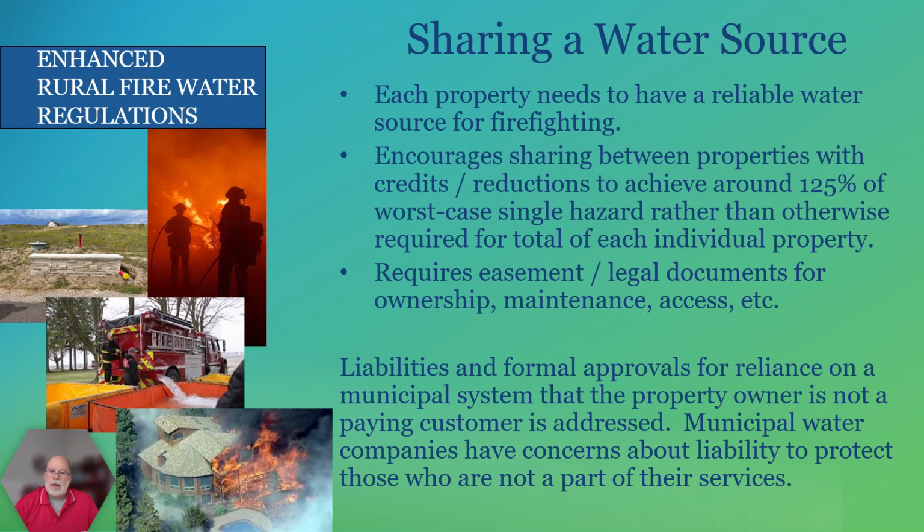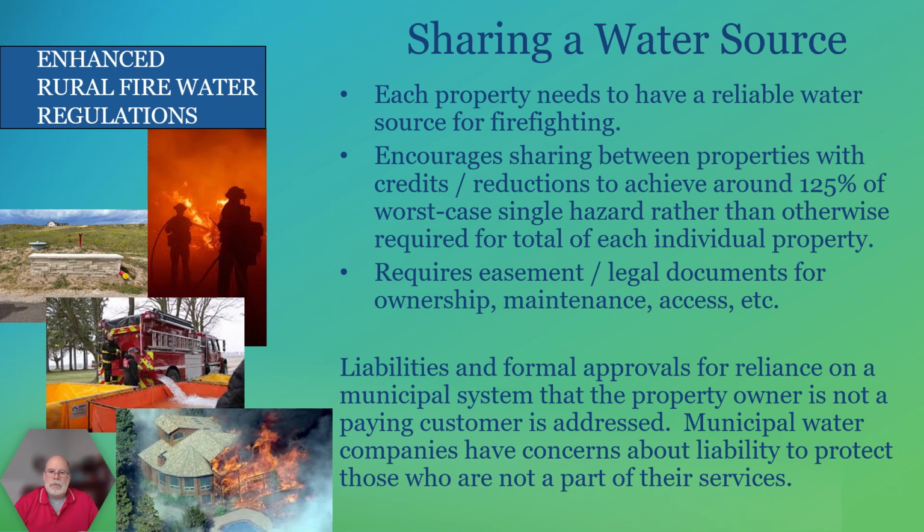So if you're going to rely on a municipal water source or somebody else's water source, maybe it's somebody else's cistern that's down the road and you don't have it piped, again, who's going to maintain that? What's the liability of doing that? So there needs to be legal documents that address that, give the property owner approval and access to that water, and address who's liable for it, who's ensuring you have access to it, who's going to maintain it and do the inspection, testing, and maintenance.